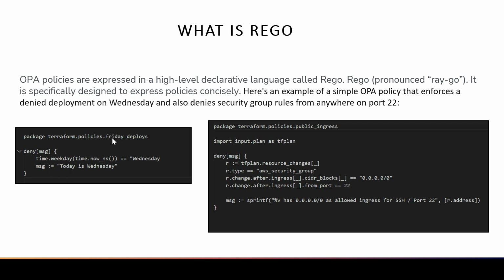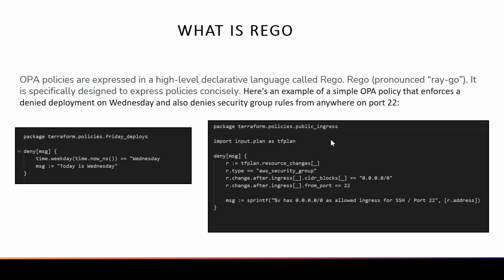I think I mentioned Friday here, but I'm putting Wednesday, so don't get confused. You can put anything here and just change the name, right? So it should be Wednesday here. On Wednesday, if you want to deploy your infrastructure using Terraform, it is going to evaluate the policy against your Terraform input JSON file and deny the provisioning of the infrastructure, right? So it allows you to organize your policy into reusable modules and packages, right?